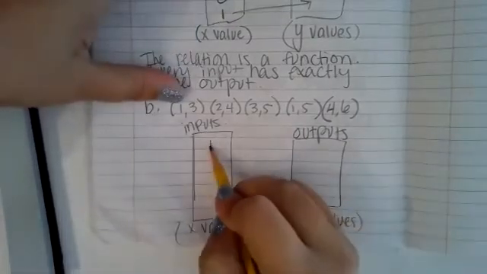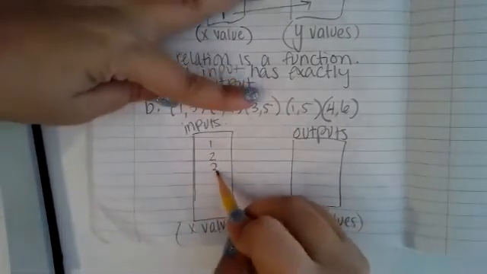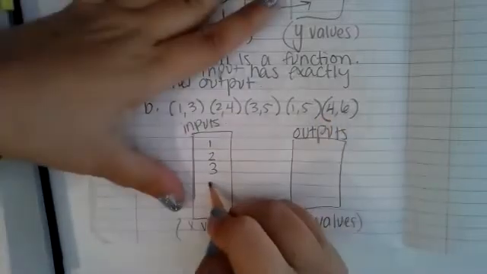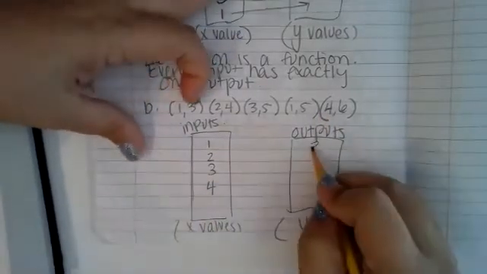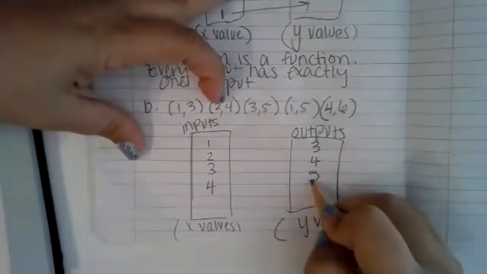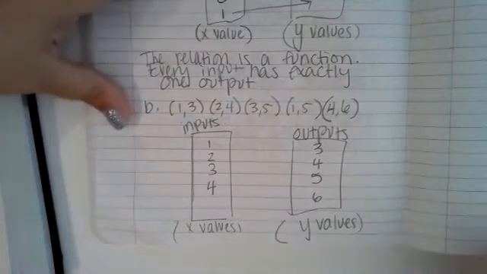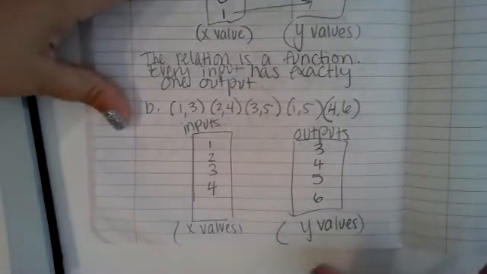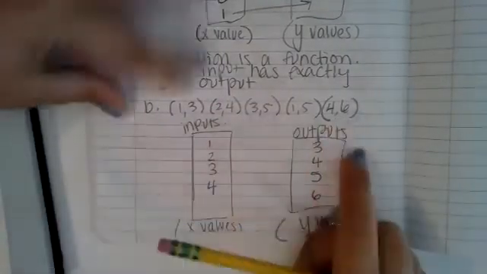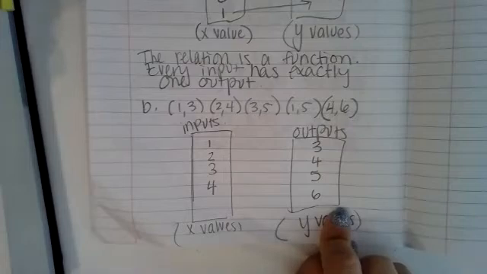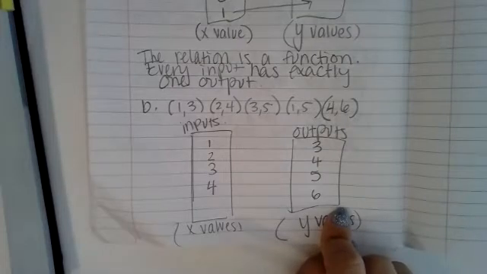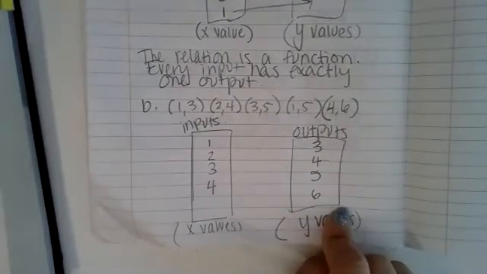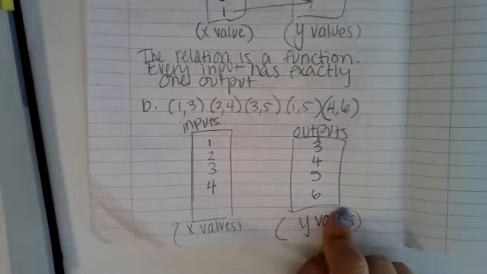So I'm just going down the line. 1, 2, 3, 1 I have 4, and then 3, 4, 5, 6. So all I'm doing is listing the numbers that are in my X and Y spots. Okay, I never write the number twice, just so I'm not writing the number 2 times in a box.